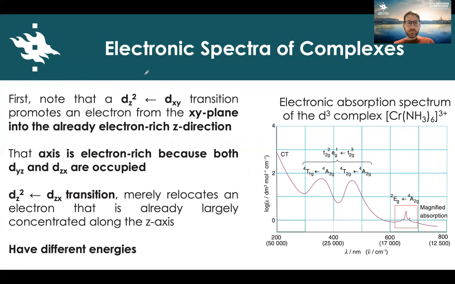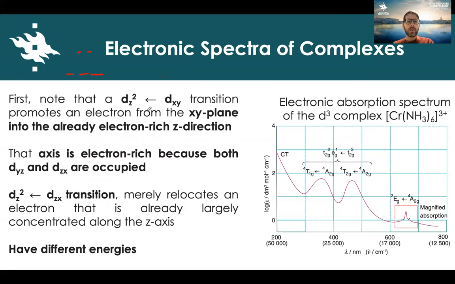Well, we have 3 electrons in the t2g level, which has 3 orbitals, and 2 d orbitals in the eg level.